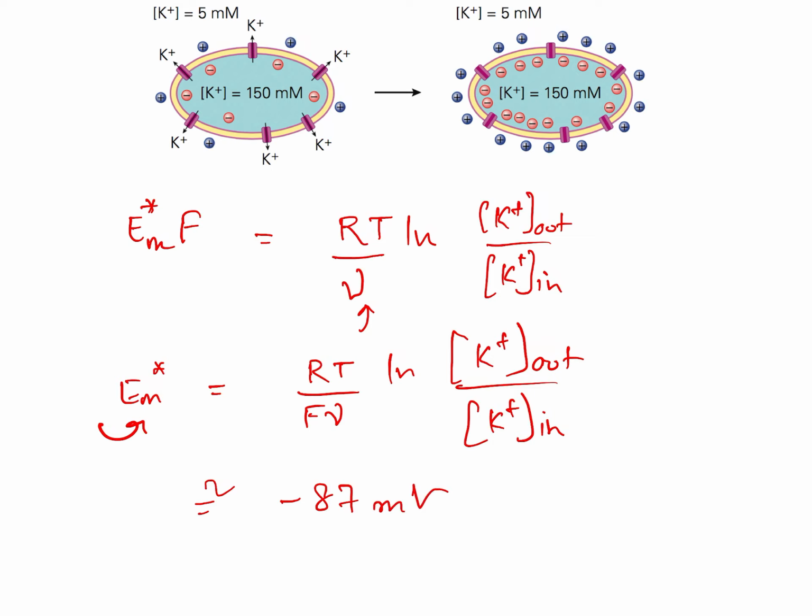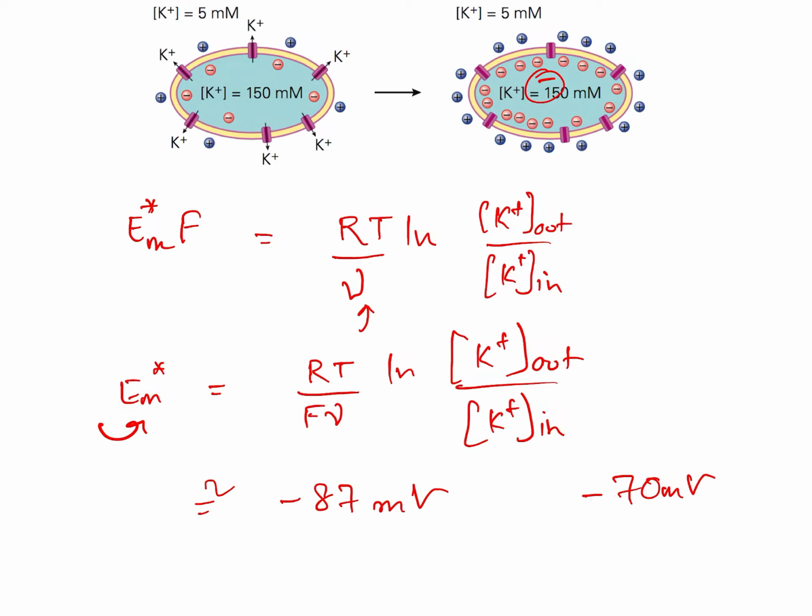The typical value of the resting potential in cell membranes is about minus 70 millivolts. There are other factors which contribute to this membrane potential because, for example, there are many negatively charged proteins inside the cell which are not present outside the cell, and so on. There's a gradient of sodium and chloride ions as well. But it is mainly the movement of potassium ions and the concentration differences of the potassium ions that generates this resting membrane potential.